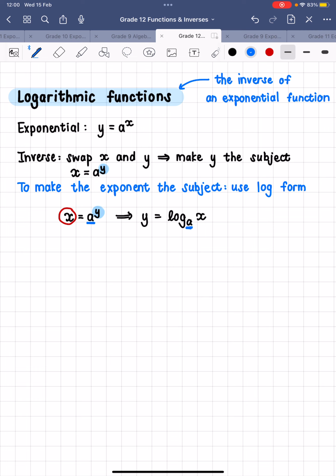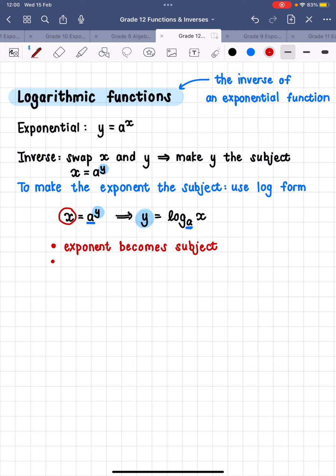So I'm going to write a few steps down here. The first thing that you're going to do is the exponent becomes the subject. The exponent of x equals a to the y was y, so y became the subject.